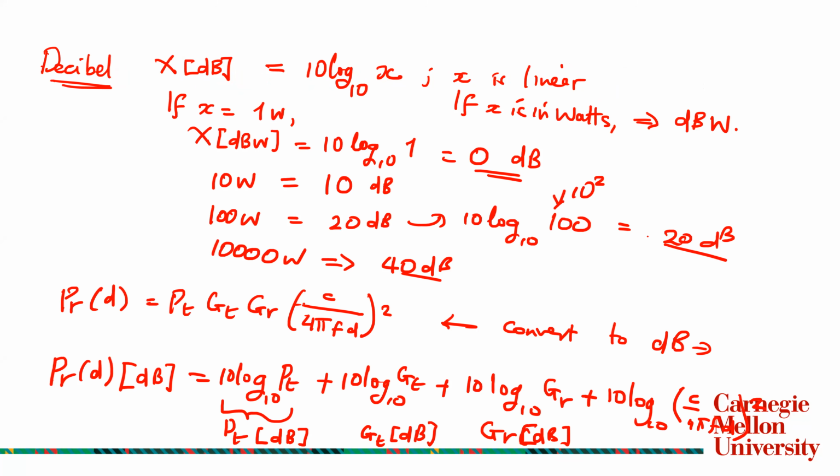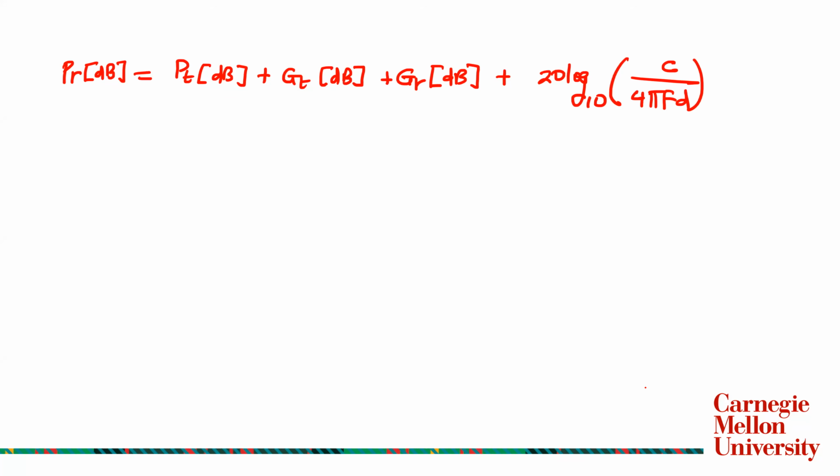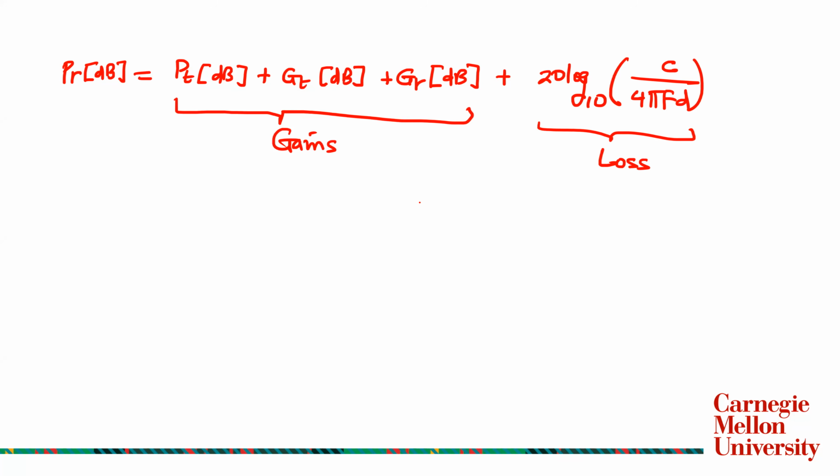Now I've moved this square and moved it here to make the 20. So that means therefore that these are our gains and this term constitutes our loss. Now let's focus on the loss term.